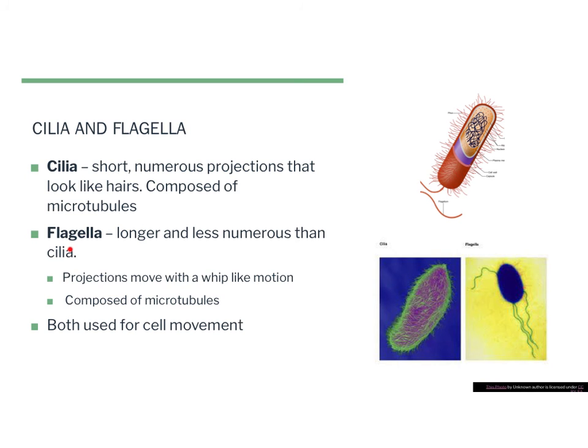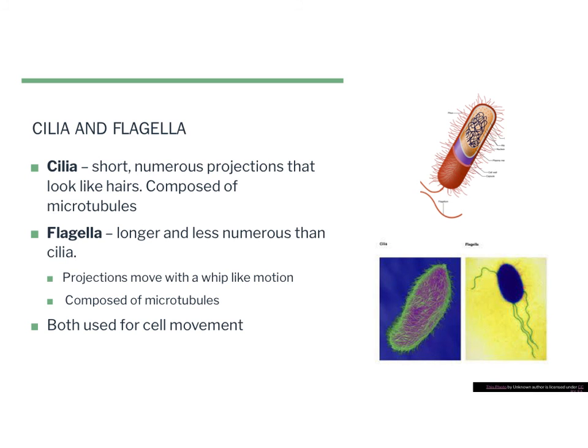The second type of structure is called a flagella. These are longer and way less numerous than cilia. So if you look here, there's a lot of cilia. This is just one flagella, and it kind of got cut off, but you can think of it as one long tail. Here's an electron microscope image, so this one has a couple flagella.